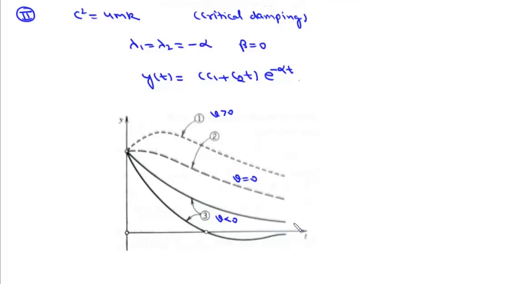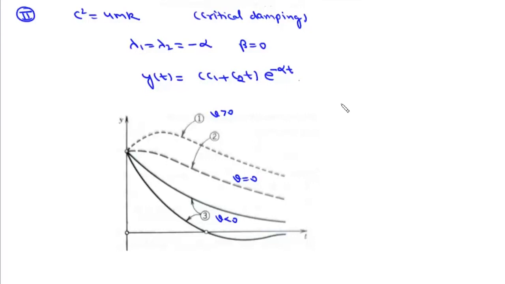Now essentially this first case of overdamping is non-oscillatory motion, and this third case of underdamping is oscillations. So basically this case, c square equal to 4mk, marks the border between non-oscillatory motion in overdamping and oscillatory motion in underdamping, and that's why we call this a critical case.